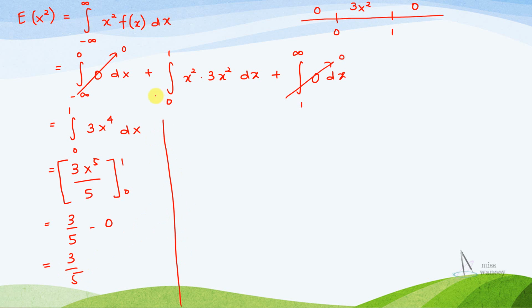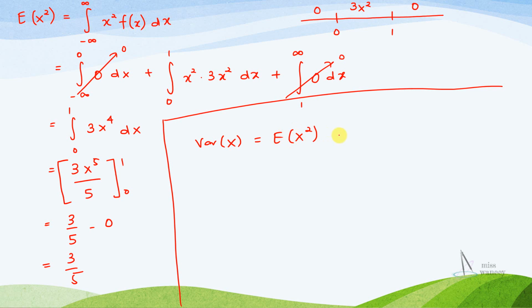Now let us calculate the variance. The variance of X is simply equal to the expectation of X squared minus the expectation of X, everything squared. The expectation of X squared we have already calculated, which is 3 over 5, minus the expectation of X, which we had earlier.